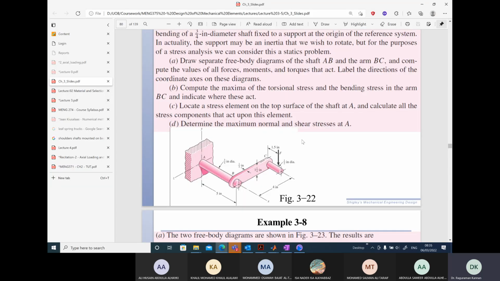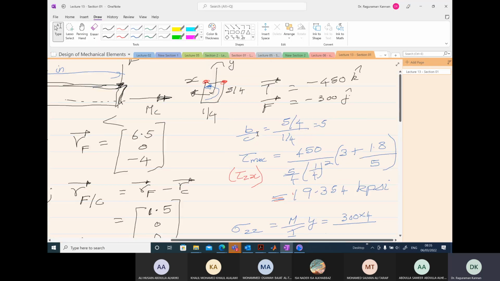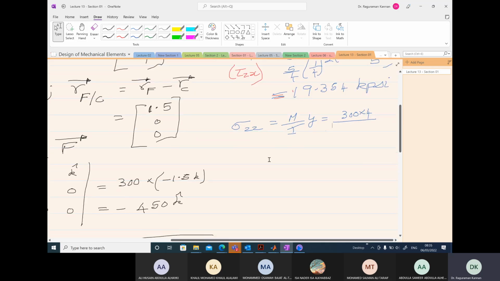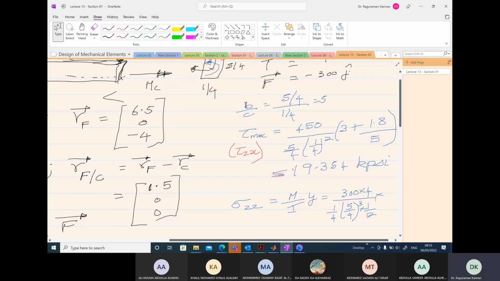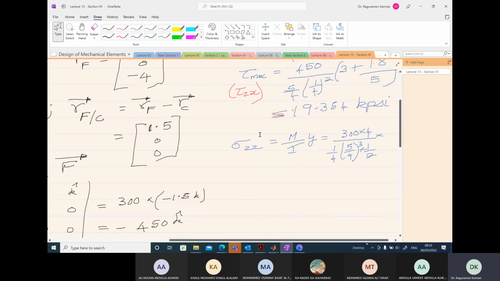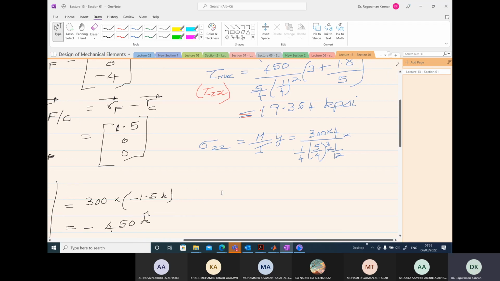I will be BD cube over 12. So if you look at the cross section, this is BD cube over 12. So 1 over 12 times y, the distance from the neutral axis, which will be half of the distance of 5 over 4. So 5 over 4 and half of it.